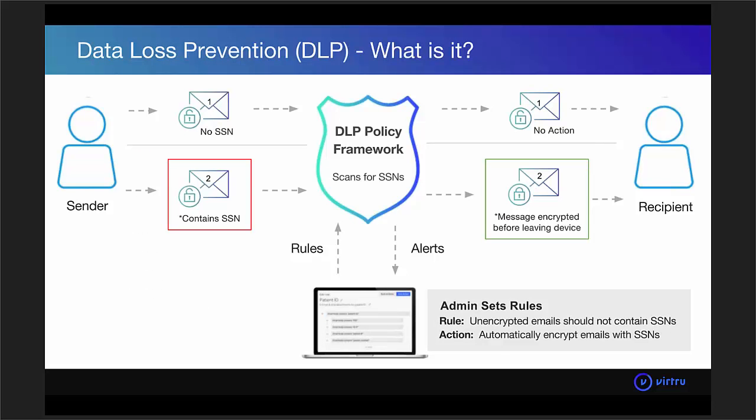And then third, and lastly, really, do you have a data loss prevention mechanism? And what data loss prevention is, is a way of helping to ensure that you have additional controls around how sensitive data does or does not leave your environment without proper protection.